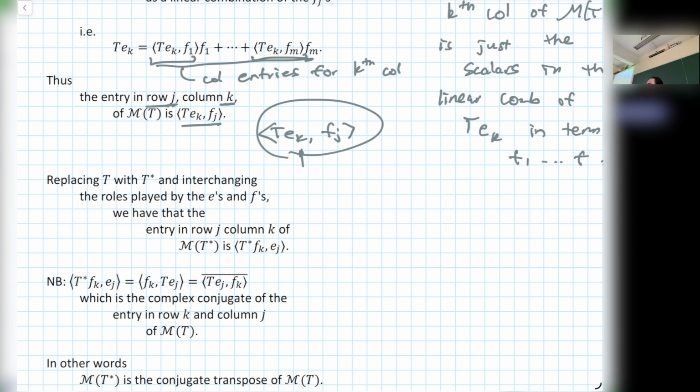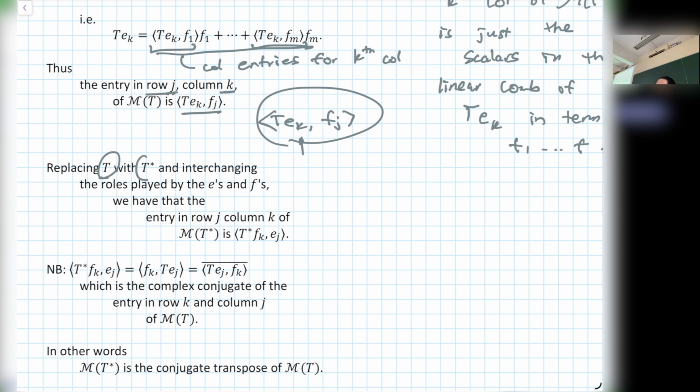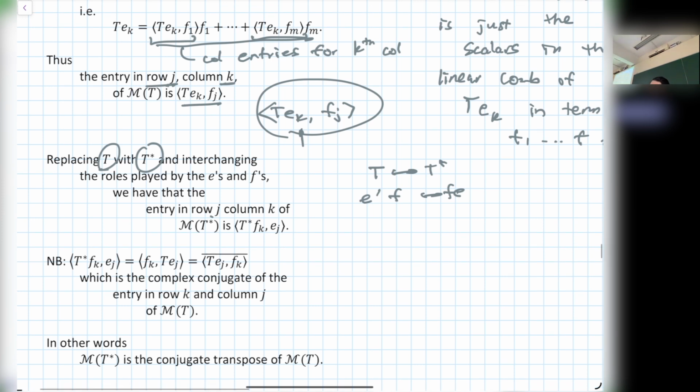Thanks to the inner product structure and magic, you're going to replace T with T star, and swap E and F around, because it's going from the other direction. The jth row and kth column of MT star would turn out to be the inner product of T star(F_k) with E_j.